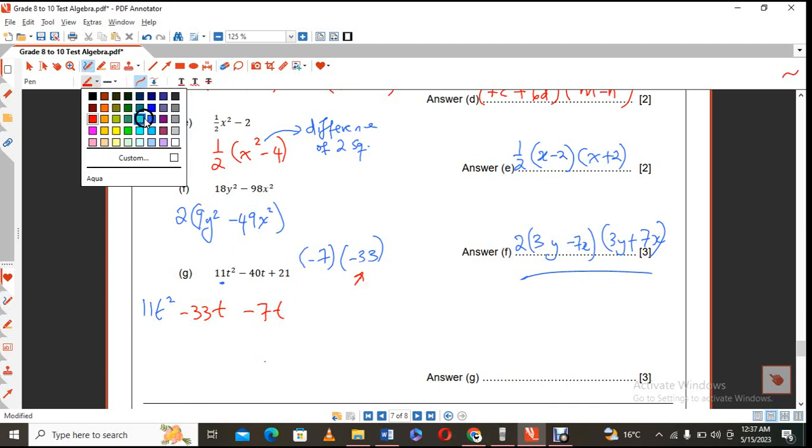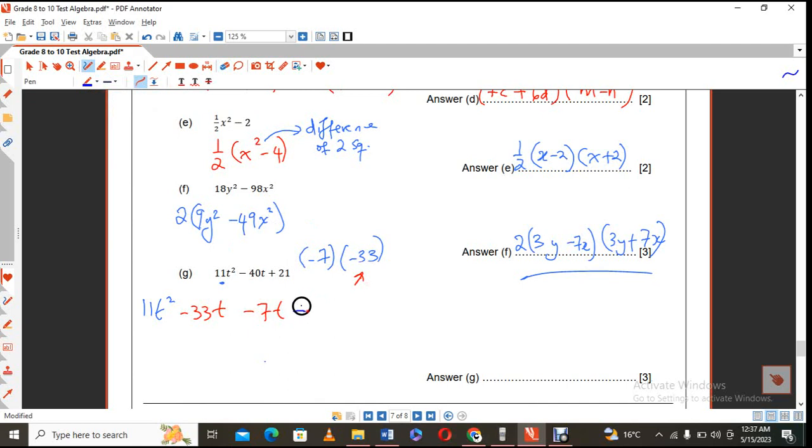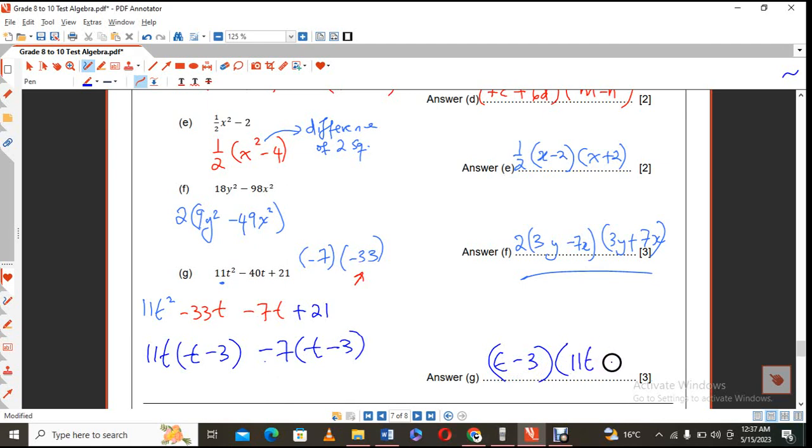Again, it's totally up to you if you want to change them. So 11t is a common factor here, then t minus 3. And here minus 7 is a common factor. You'll also have t minus 3. t minus 3 is a common factor, and 11t minus 7 is the other bracket.